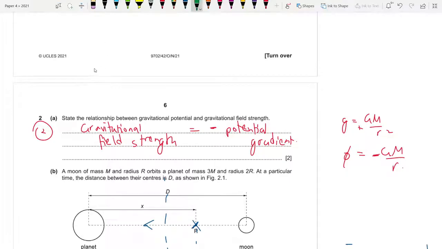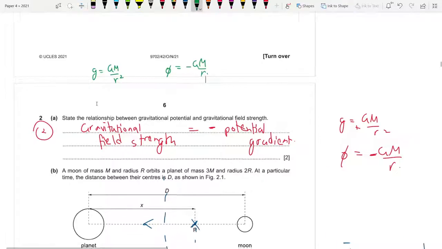Gravitational field strength is GM by r square and gravitational potential is minus GM by r. So that's basically it. Gravitational field strength is minus potential gradient, electric field strength is minus potential gradient as well. Remember that.